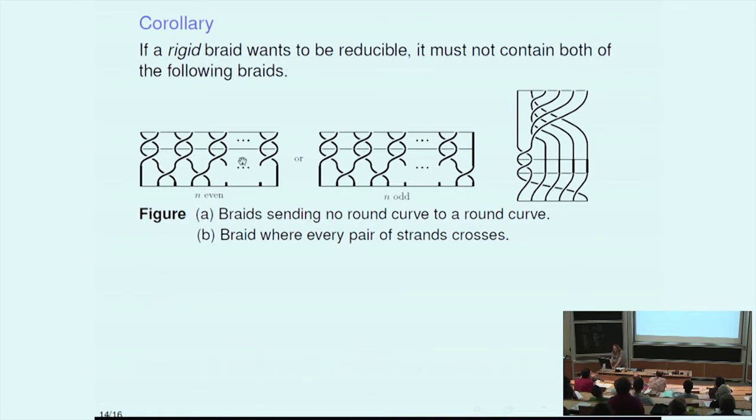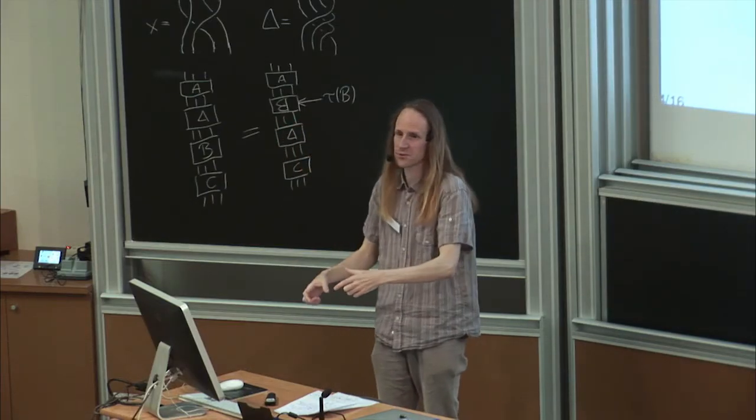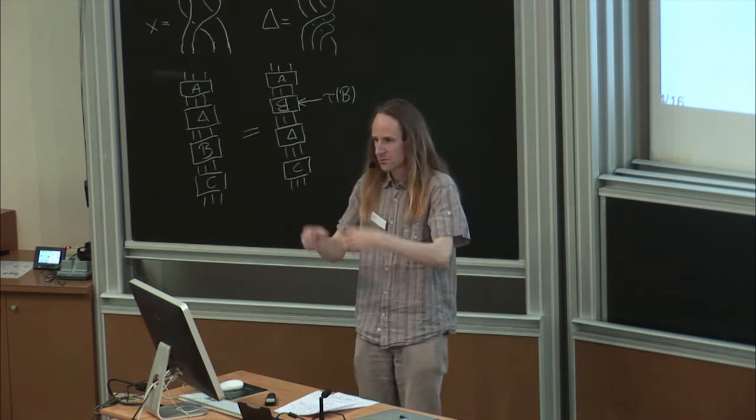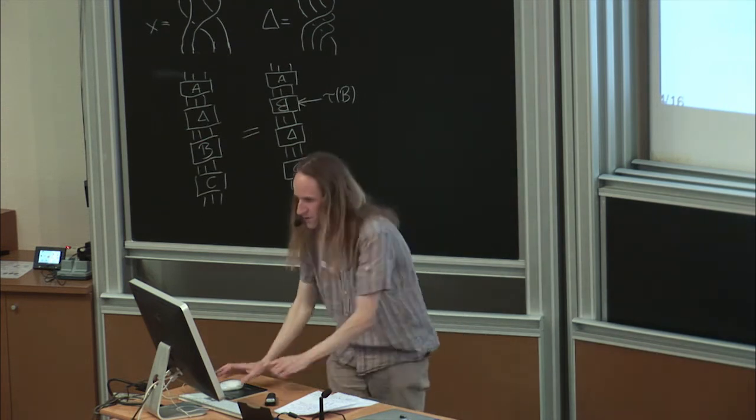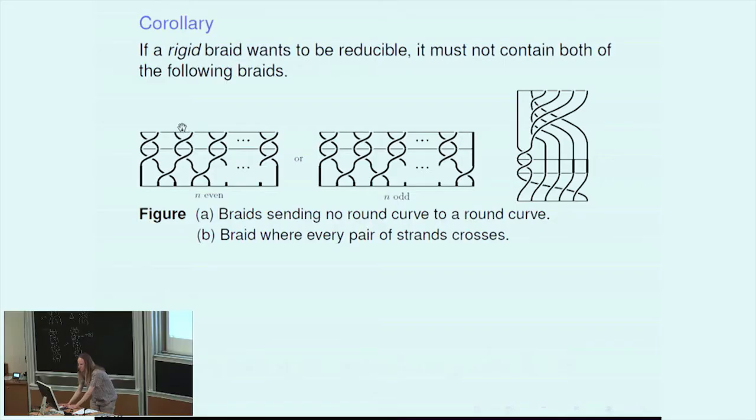Because this first braid, you can check quite easily by hand, does not send any round curve to a round curve. If you choose any round curve, like the one that surrounds these two punctures here, and you push it down the braid, you do not get a round curve.